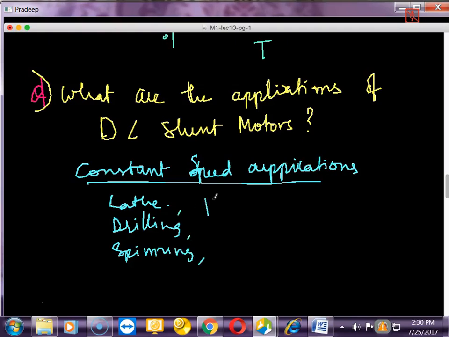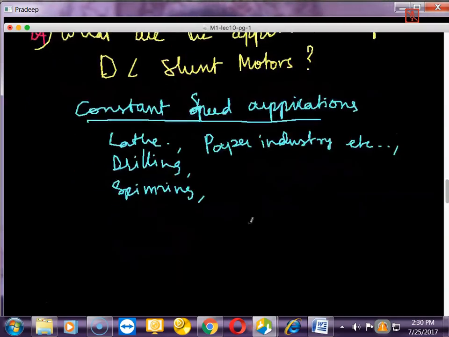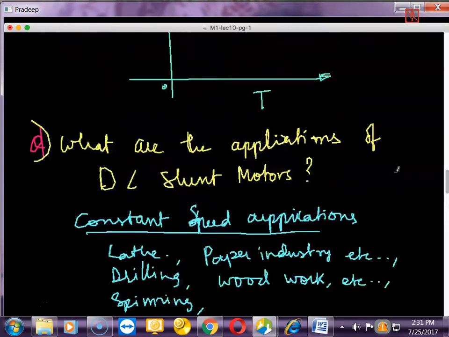You can use it in the paper industry, etc. Wherever there is a constant speed application, you can use it. Woodwork, etc. So these are some of the applications of DC shunt motors.